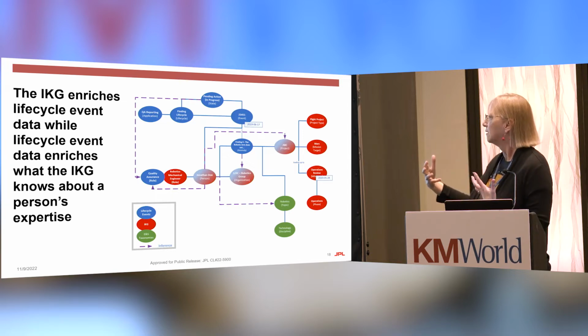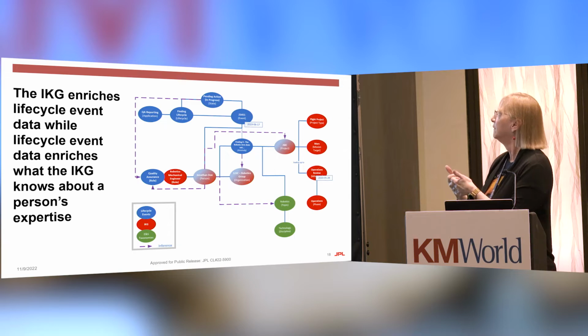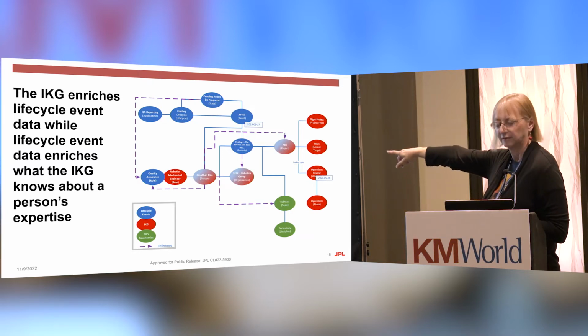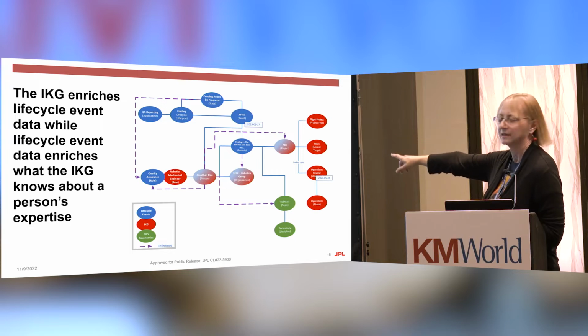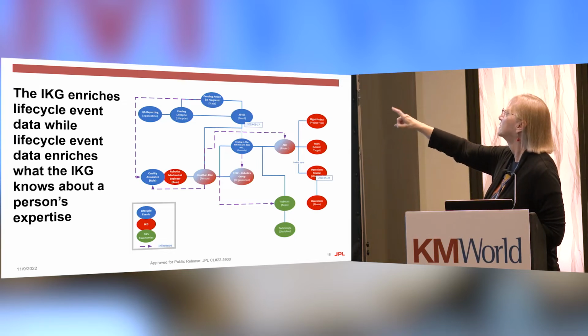So now if we link all these things together, then we can start making inferences about this person's expertise. He knows a lot about robotics, which is in the technology discipline. We know his organization.